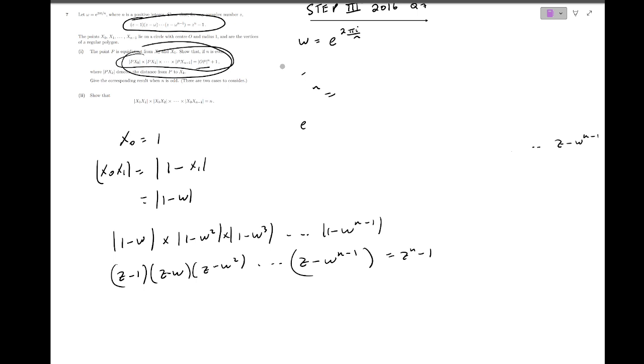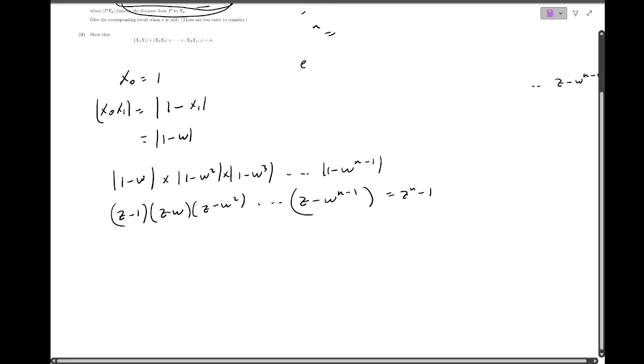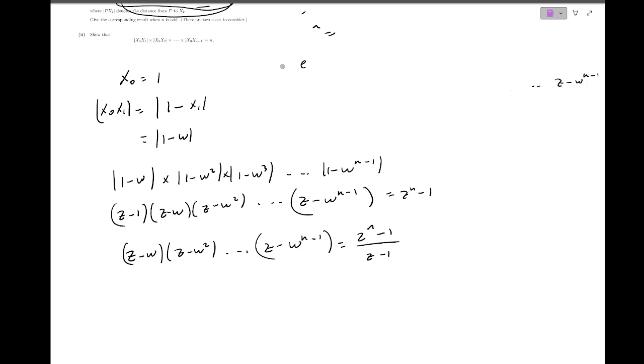So what I'm going to do is divide both sides by z minus 1. And because z is 1 here, we're going to get a 0 over 0. And whenever you have a 0 over 0 and we want to find a limit as z approaches something, we can use L'Hopital's rule.